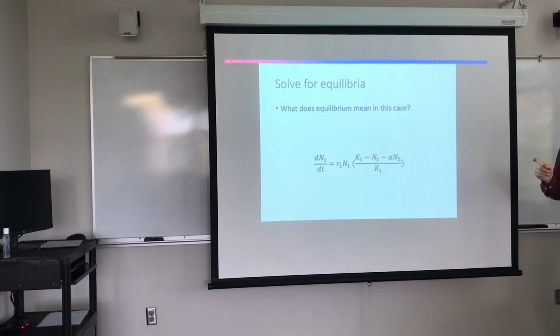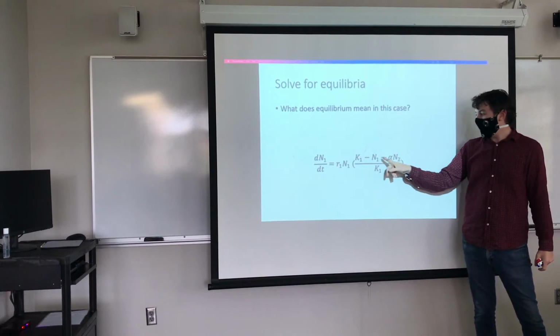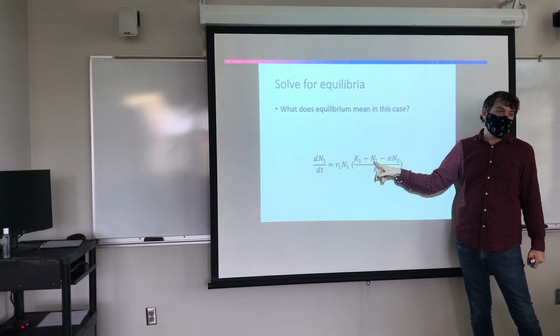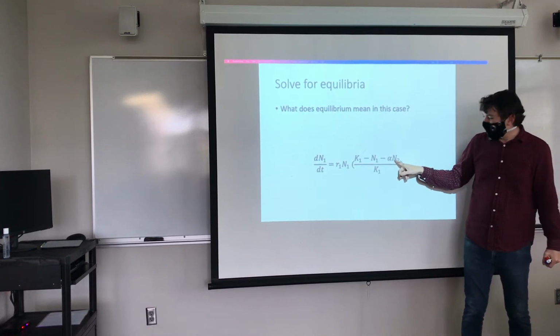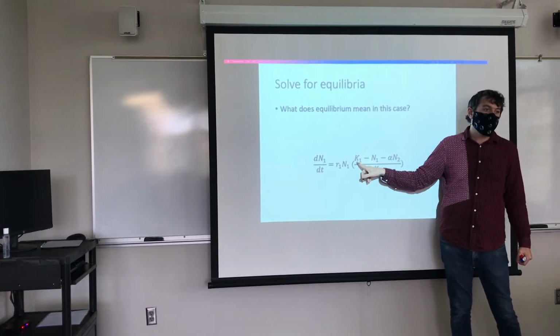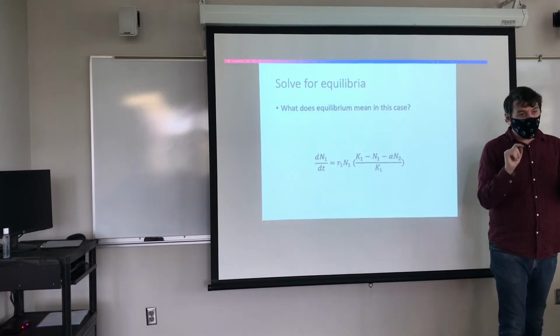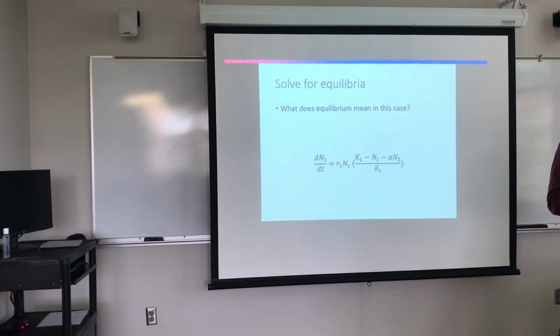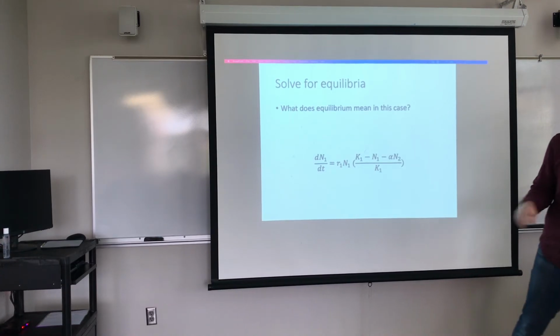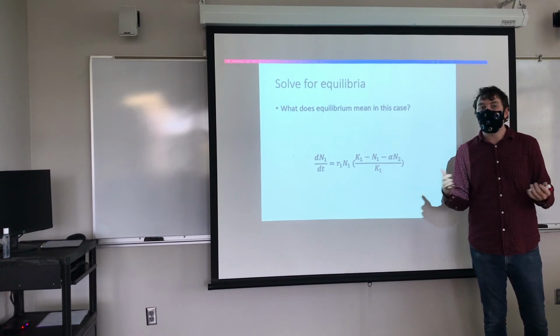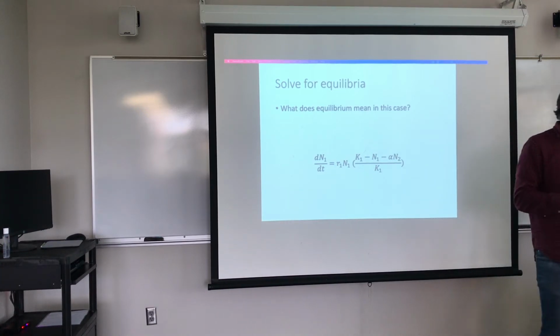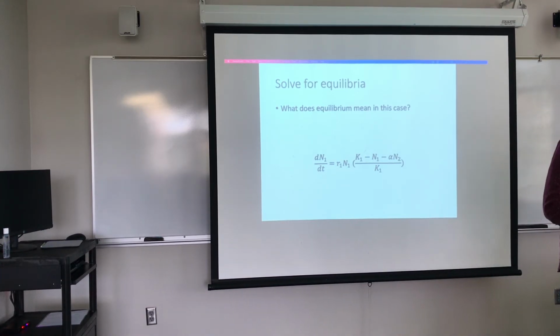One of those situations is when N2 is 0 and N1 is K. The other one that you just figured out is when the value of N2 is the carrying capacity of species 1 divided by alpha, which is that coefficient of competition, which can be species specific. It depends on which pair of species you're dealing with. It's something you would measure empirically as a researcher or an ecologist. You would find out what that degree of overlap is, how much they share resources.